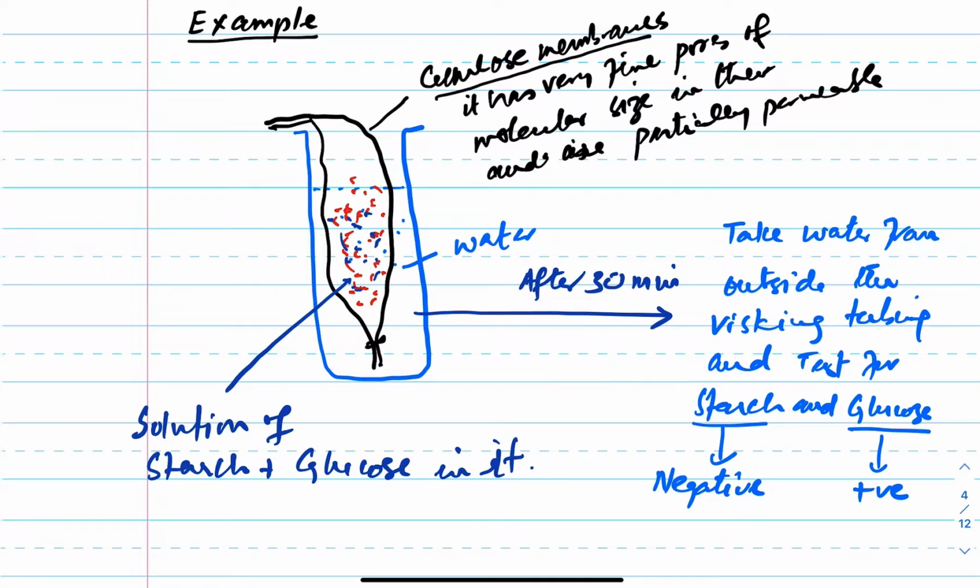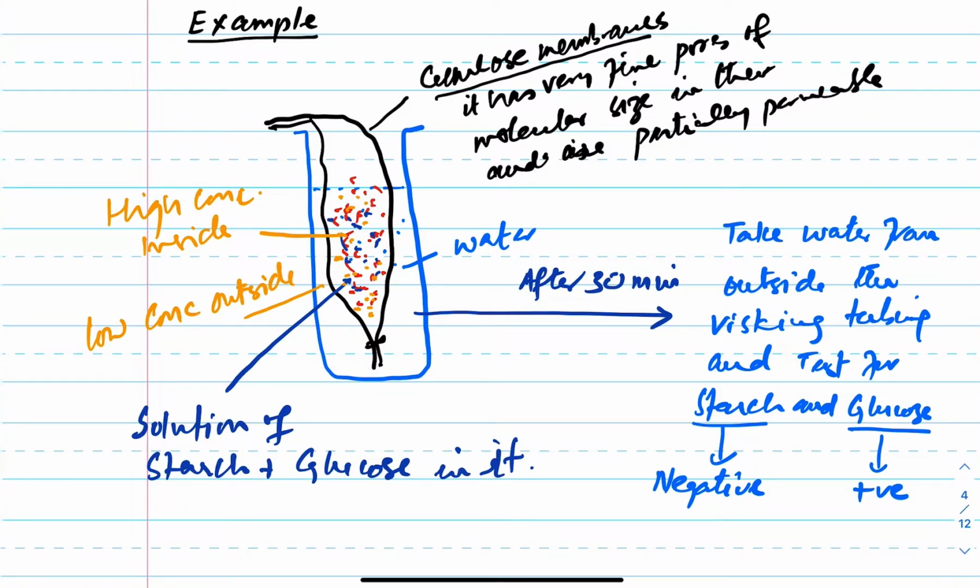In this non-living system, the molecules of glucose and starch are in continuous random motion inside. They have high concentration inside, whereas there is low concentration outside.